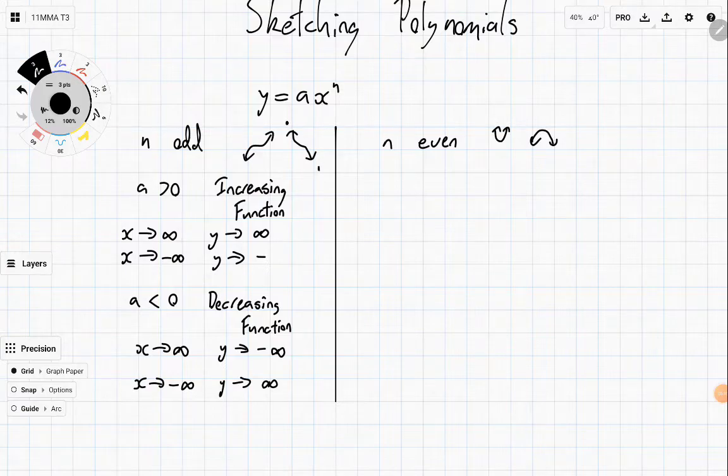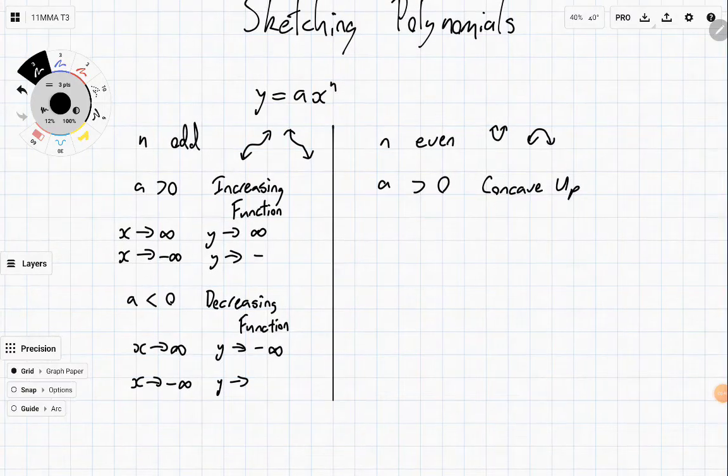Alrighty, let's talk about the same things, but for the even function. So if a is positive, then it is concave up, which means that as x goes to infinity, y goes to infinity, but also as x goes to negative infinity, y still goes to infinity, because it's up, up, doesn't change.